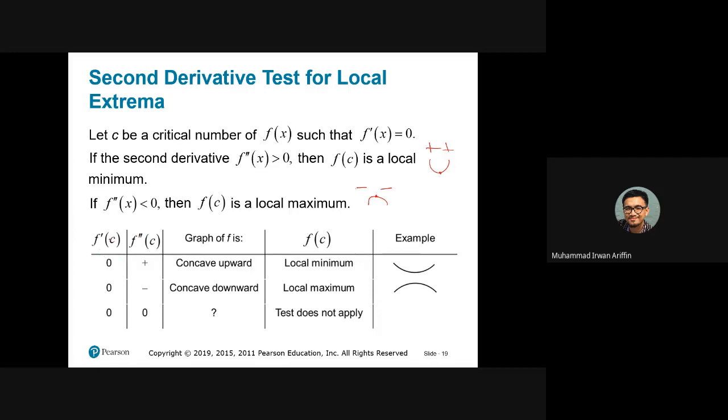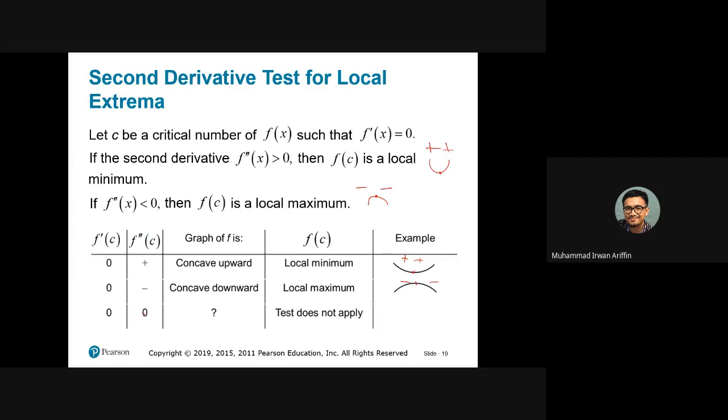First of all, we need to establish that the slope must be 0, and then we check the second derivative, whether it is positive, negative or 0. So this is the conclusion. A positive second derivative means concave upward, which implies a local minimum. Negative means local maximum.